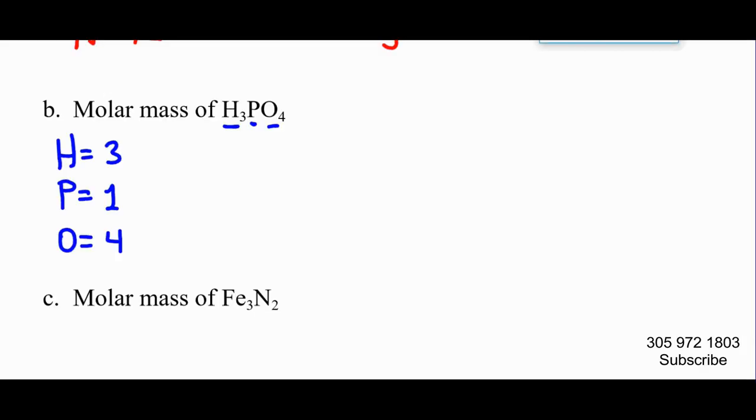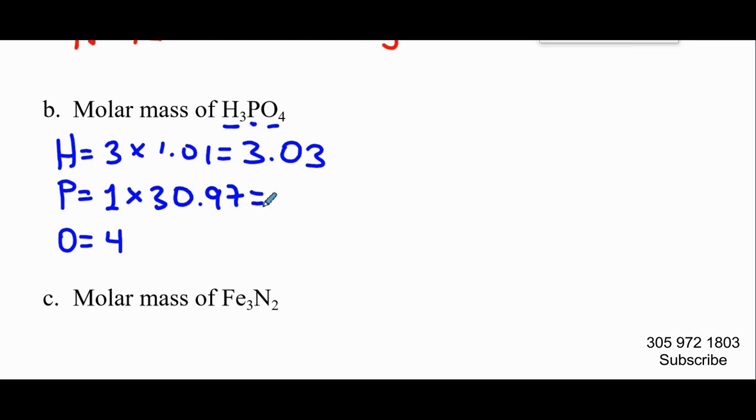So let's apply those values. And for the H, I have 3 times 1.01. I end up with 3.03. The mass of phosphorus that I found was 30.97, and that's times once, and that is 30.97, same value. The mass of O that I found was 15.99, rounded up to 16 in some tables, and that gives me 64.